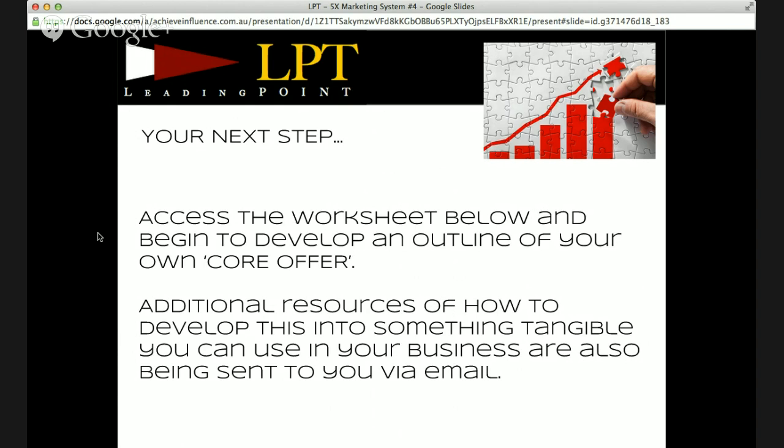I've got some additional resources of how to develop this, utilizing that idea and a couple of others that I've included for you to be able to help you develop something that's tangible in the way of ideas and start to get you thinking about what some of these upsells can be or cross-sells can be as natural profit increase extensions and options to build upon your core offer that you offer your clients there.